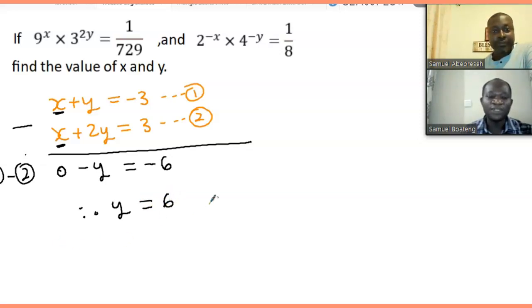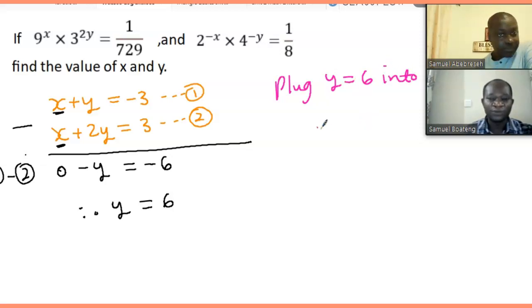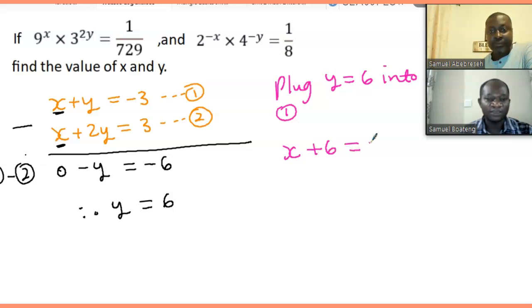You then put this one in any of the two equations to find the value of x. You can put y is equal to 6 in equation 1, or you can put y is equal to 6 in equation 2. So let's plug y is equal to 6 into equation 1. Wherever you see y, you put 6. So x plus 6 is equal to minus 3.